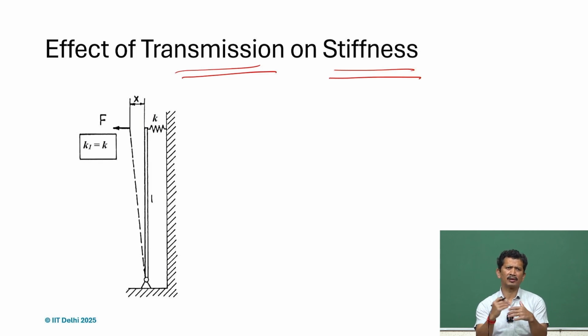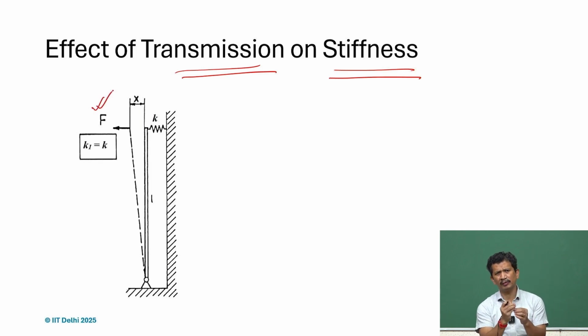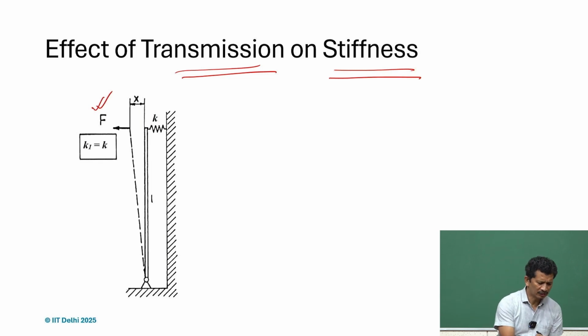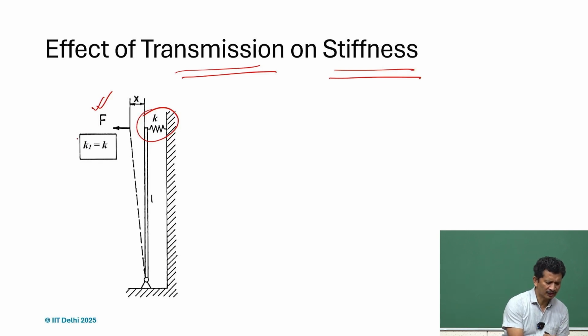We know that some compliance is required, some stiffness is required, but what is the location where we should put it, and what is the point of application of force F. With respect to that, where this K is placed will have a big bearing on the overall stiffness at this point F. So, call it K 1.